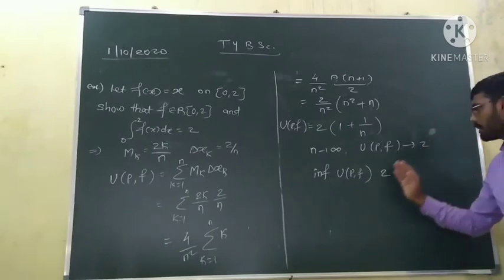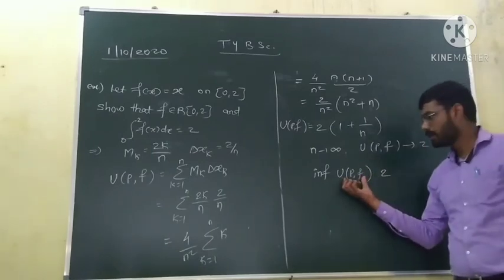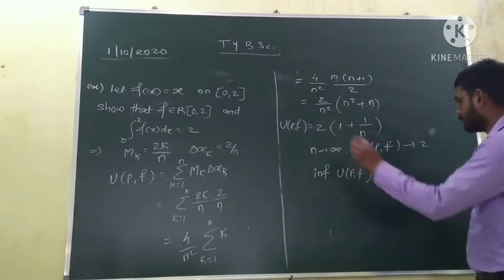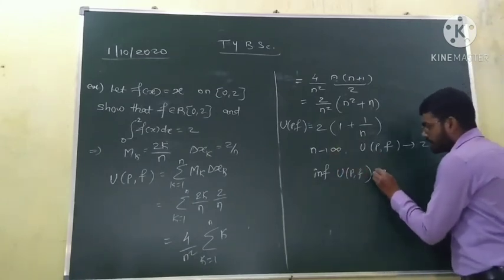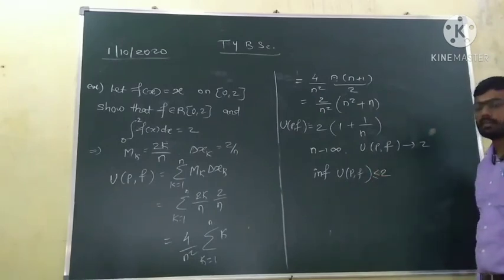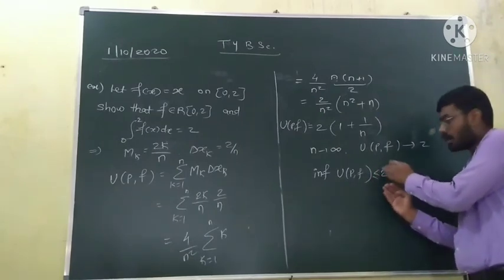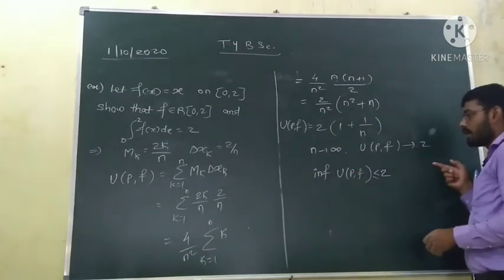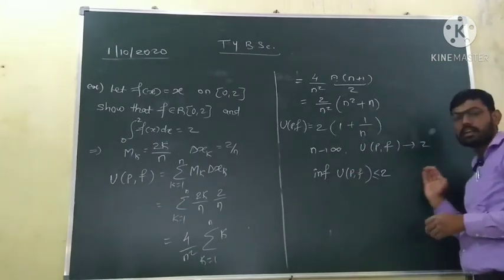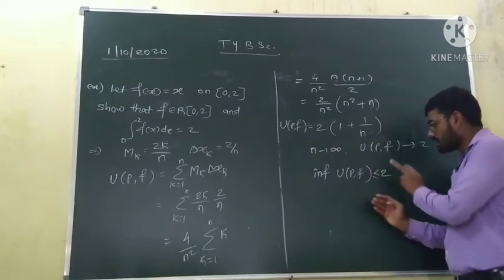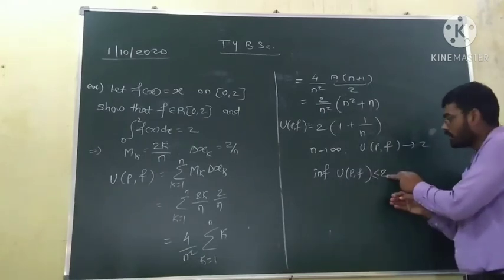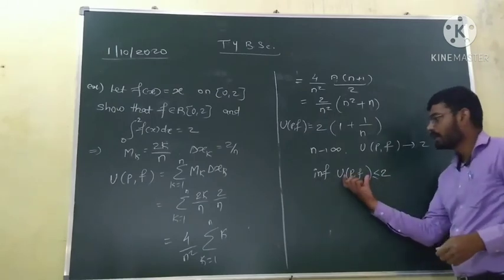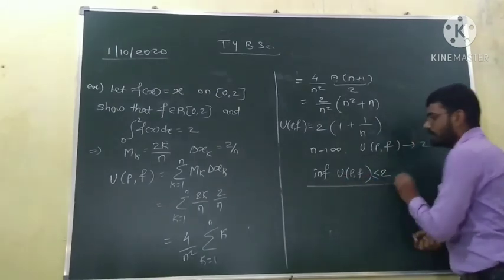So the infimum of this set of all upper sums must be less than or equal to 2. Either 2 is the infimum, or there is a number less than 2 which is the infimum, because our upper sum is tending to 2 from the right side. This goes on decreasing. Either 2 is the infimum of the set or some number less than 2 may be the infimum for the upper sum.